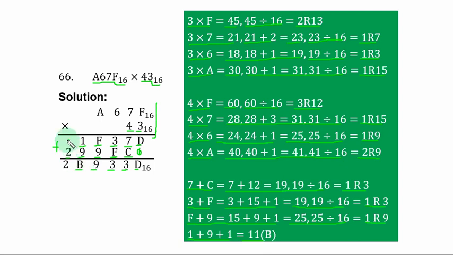Since nothing is here, nothing plus 2 is 2. So your result is 2B933D in base 16. You can see how I'm doing it step by step.